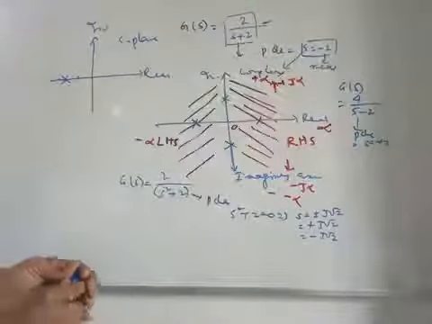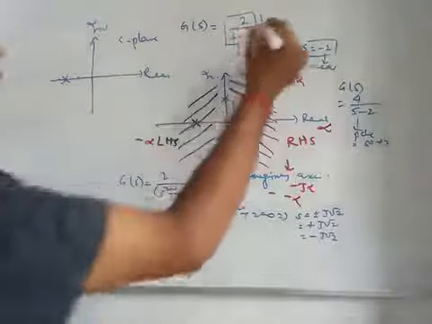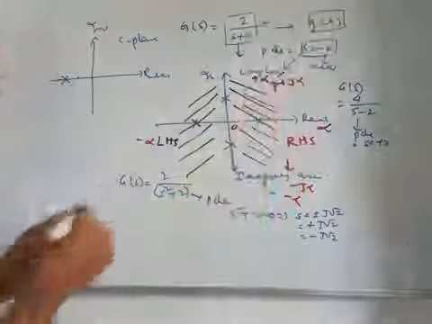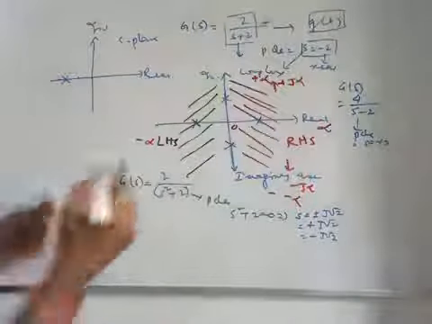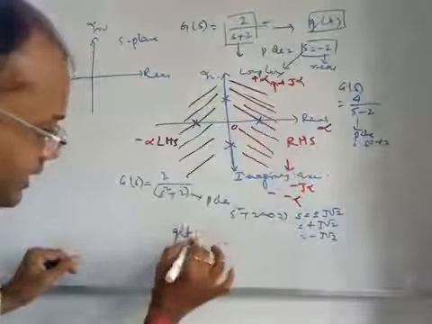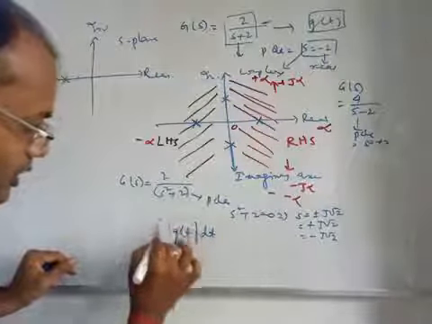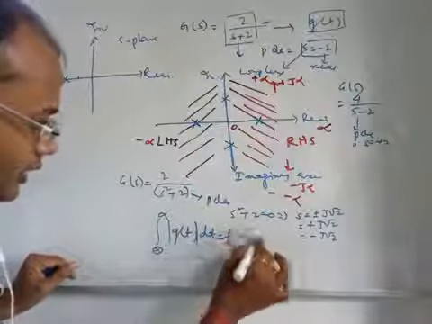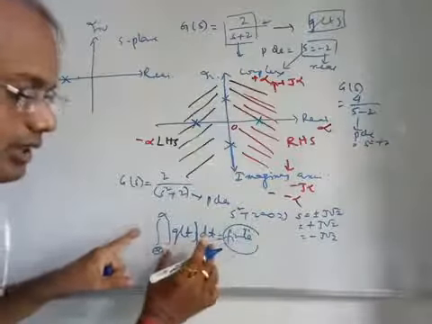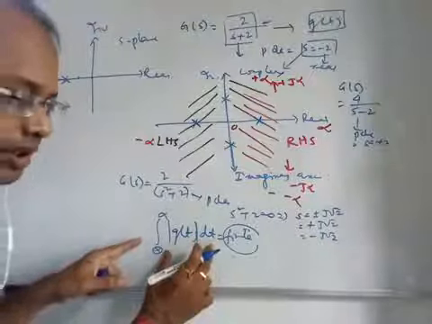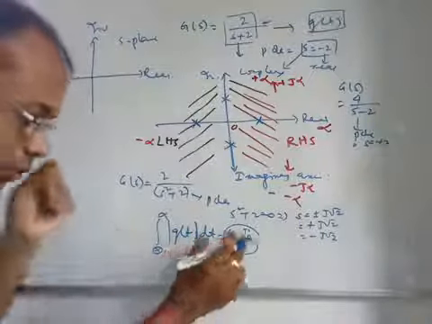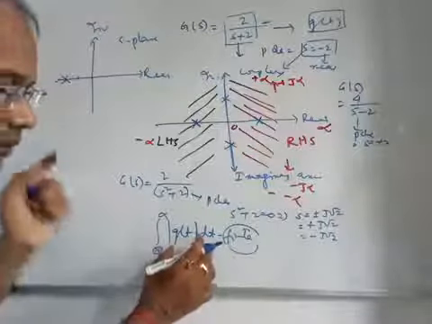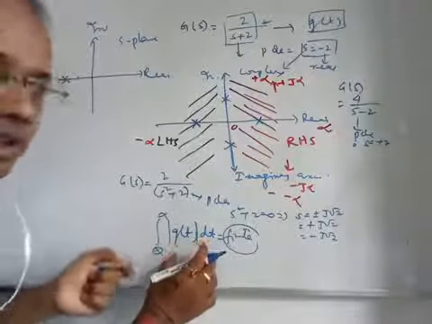From this, by inverse, you get the impulse response, and we know the system is stable when the integral of mod of g(t) dt is finite. So finiteness of this integration is very important, as you have already derived. Once this is finite, the system will be stable, right? If this is not finite, the system will not be stable.